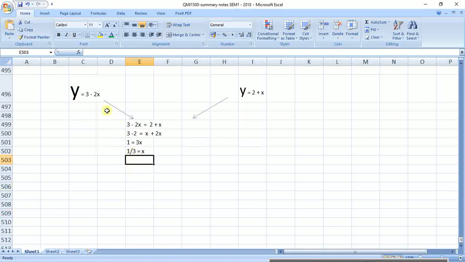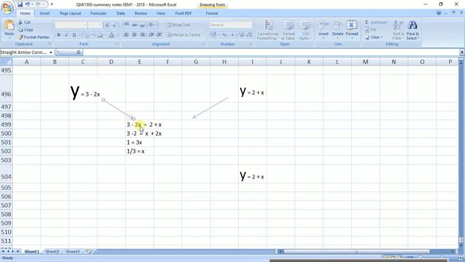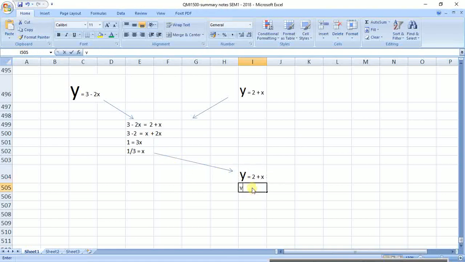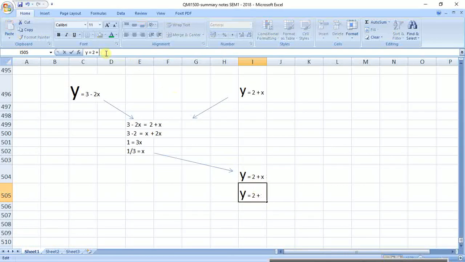Once you've got x is a third, you can put that third into here or into there. It doesn't matter. I'm going to put it into here. I want y.